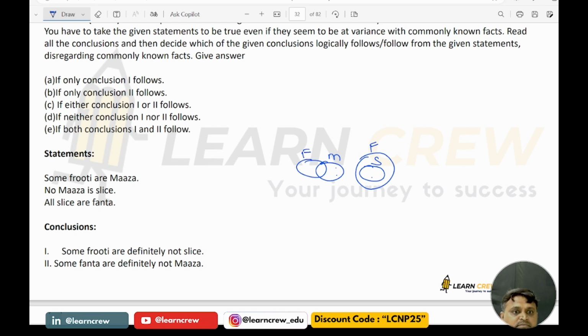Now, some fruity are not slice is definitely true. Some Fanta are not maja: even if Fanta goes here, this is also true. So the answer is both 1 and 2. Next.